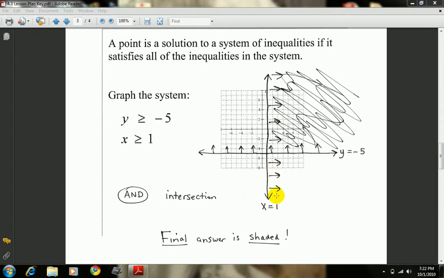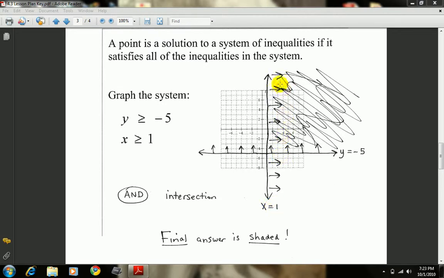Now, in order to solve the system, since this is an "and" statement, we find the intersection of these two regions. So basically, picture this. Pretend that everything above this horizontal line is like a carpet, and pretend everything to the right of this vertical line is a carpet. Where would the two carpets meet? Where would they coincide?